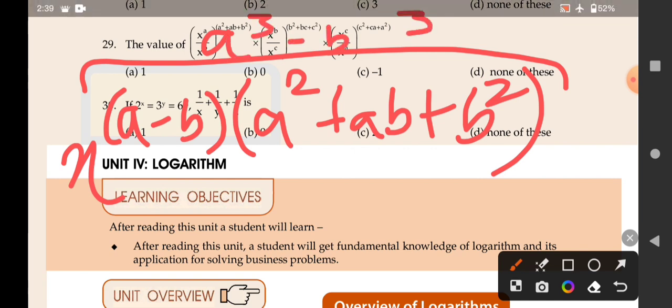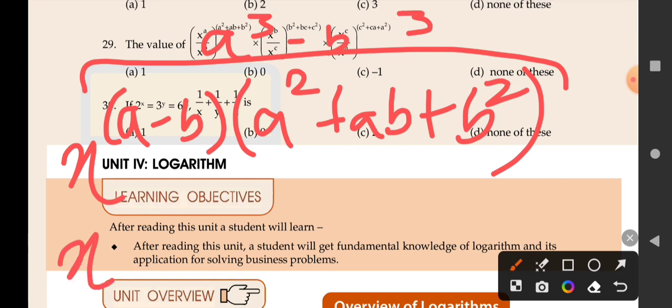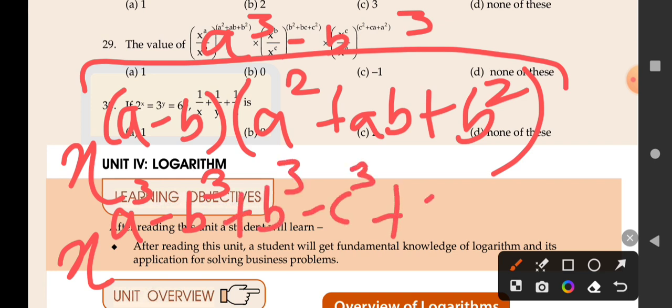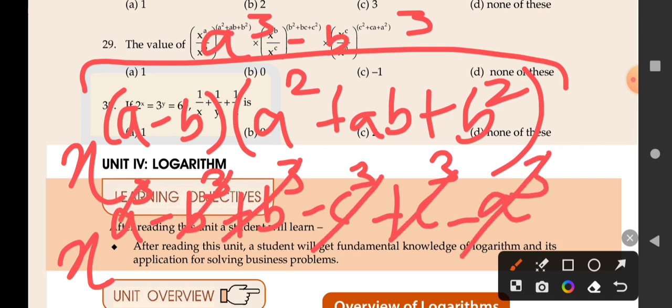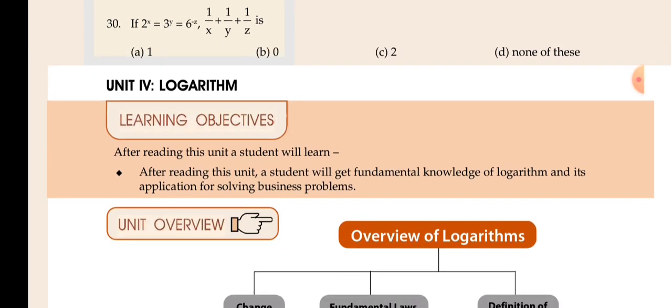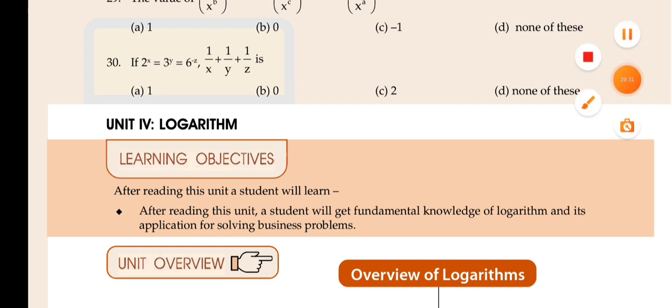Correct? So what do we have? X raised to a cube minus b cube plus b cube minus c cube plus c cube minus a cube. So once you cancel, you get x power 0 equals 1. Option number A.